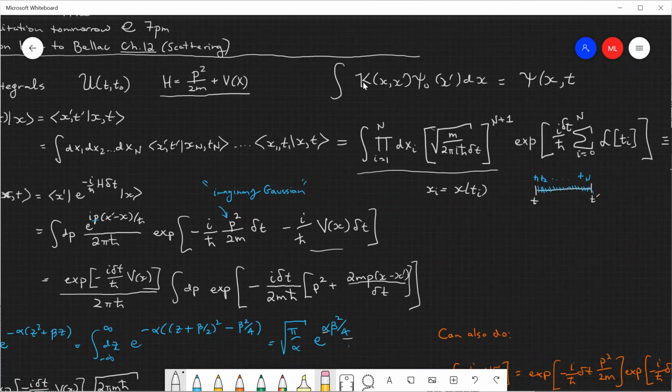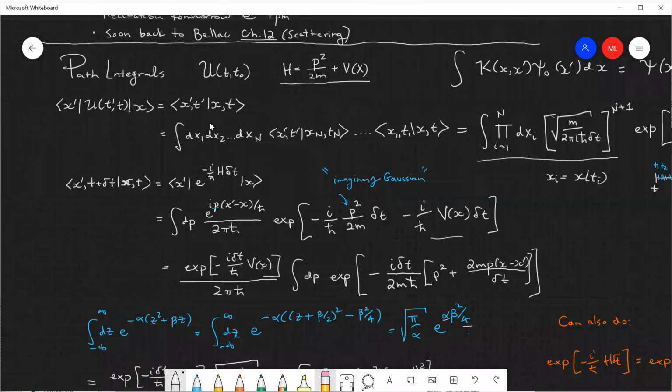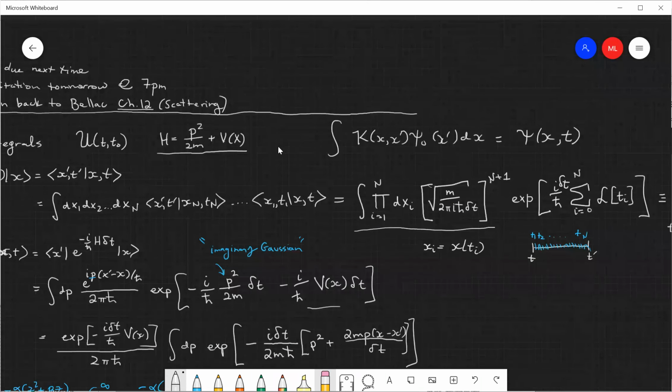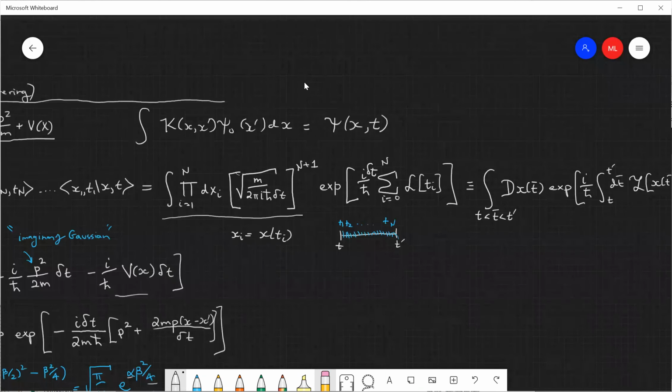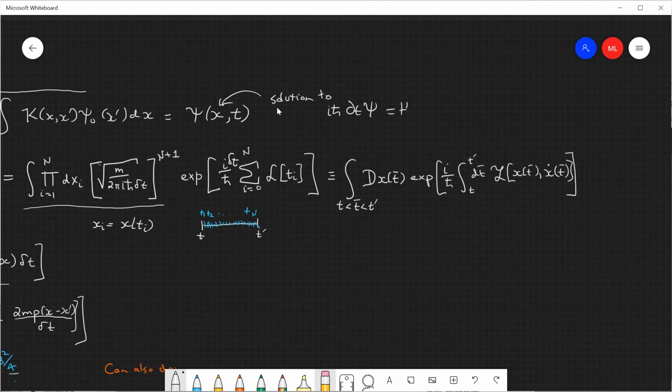So let's say just over time t, if the initial time is say 0 and the final time is t. That's what it is. It literally just gives you a solution to the Schrodinger equation.